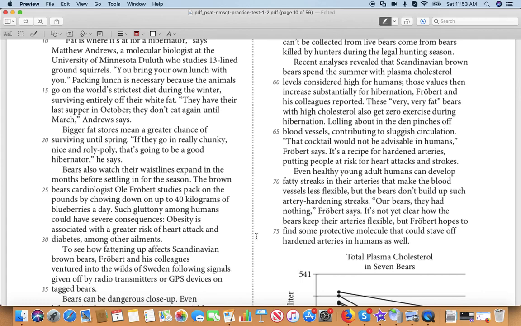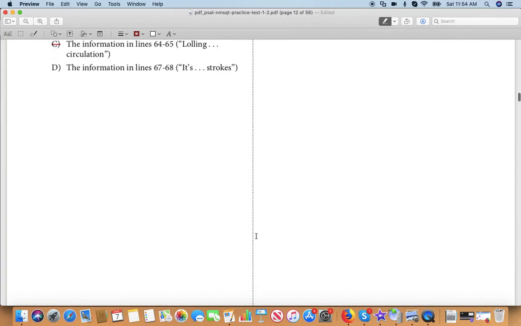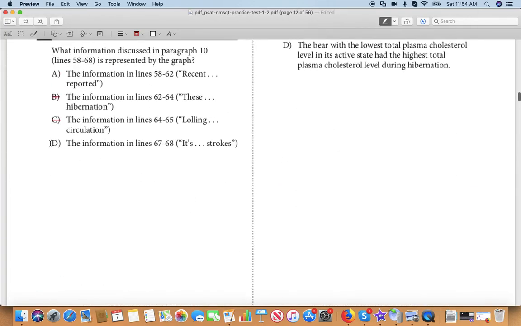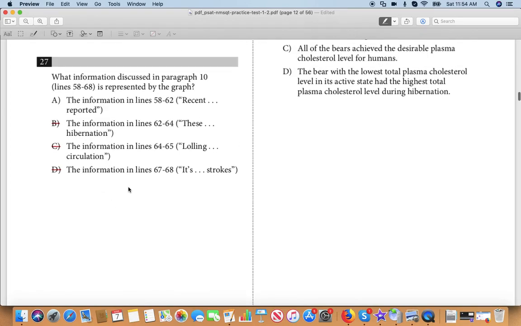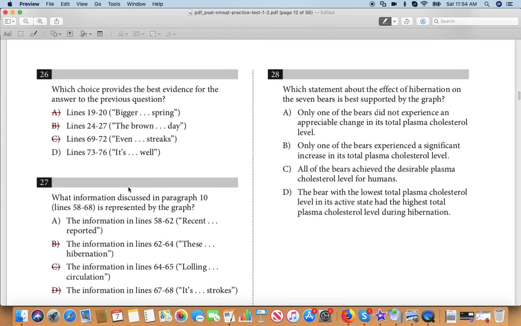It's a recipe for hardened arteries, putting people at risk for heart attacks and strokes. How's that? No way. Just no. It's A. Great. Any questions about that? No.